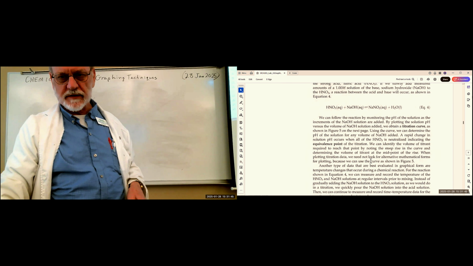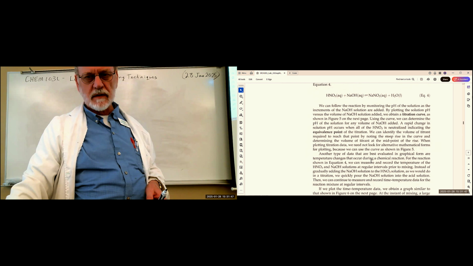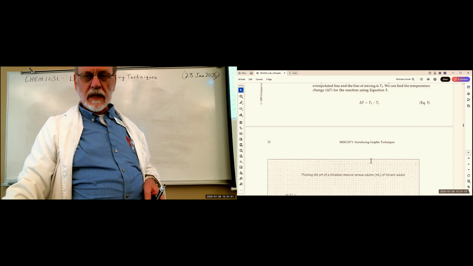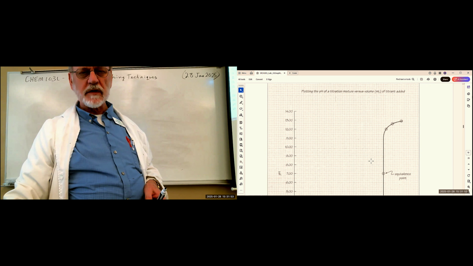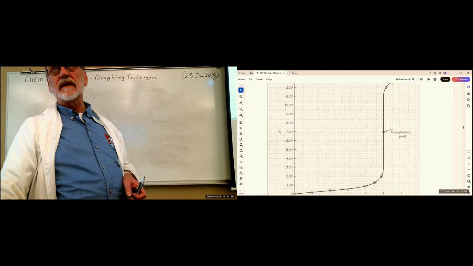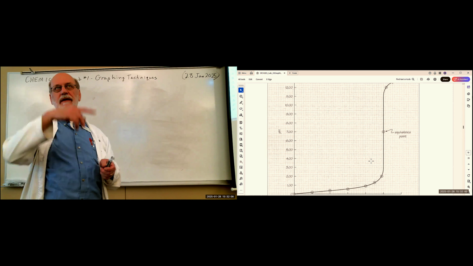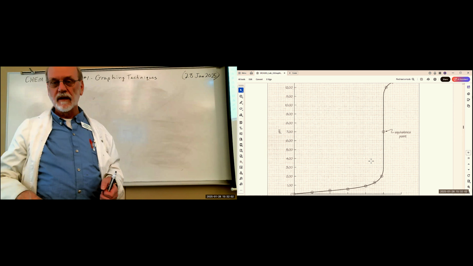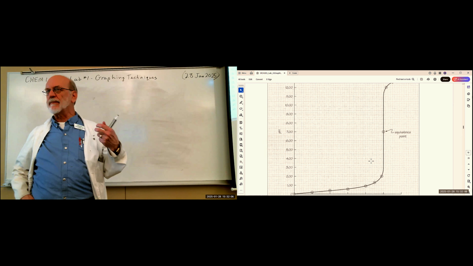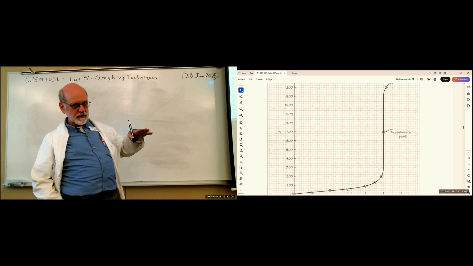Okay, got a few more minutes. Let's see if I missed anything. Most of our curves, here's a titration curve. Look at the shape. That's known as a sigmoid because it looks like an S. You see that in biology a lot in growth curves for populations. They start off really slow.